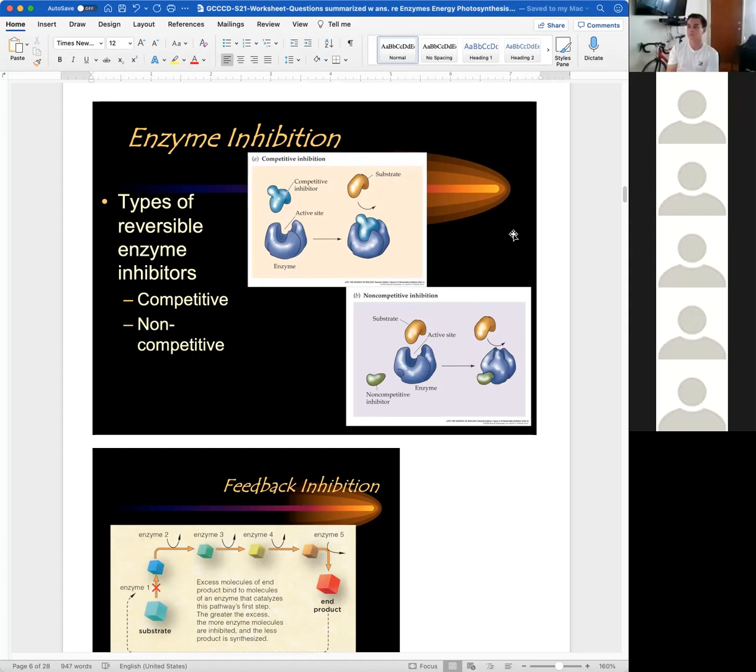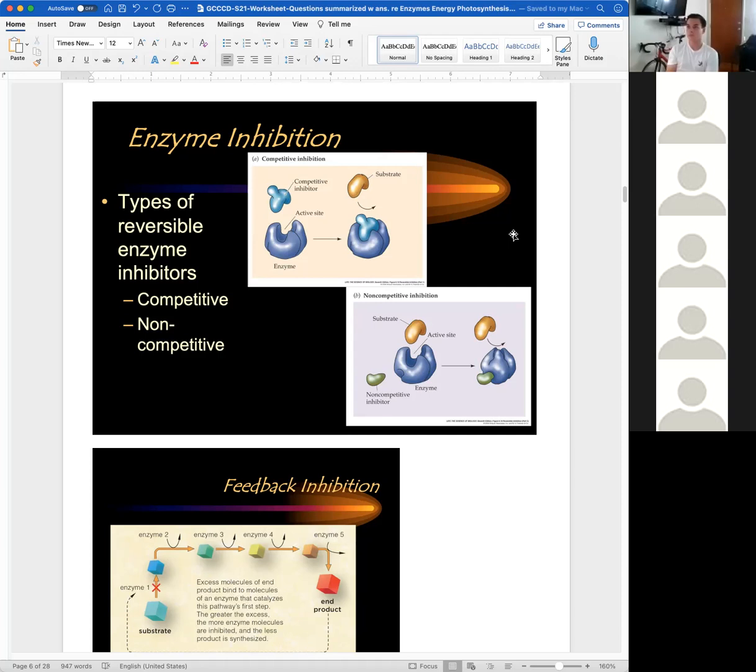Anything that has a shape that mimics the substrate could be a competitive inhibitor. Because it's like negative feedback that these enzymes should not be active more. Because of this, the competitive inhibitor takes the place of the substrate in this reaction. I don't know, it's maybe through medications, some medication for treatment of some disease.